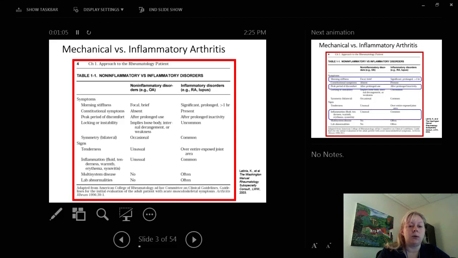So your morning stiffness. Someone with rheumatoid arthritis is not just going to get up in the morning and move around a little bit and then have it go away, because when you have an inflammatory disorder, that's going to last through the day, and inflammation doesn't just go away an hour after you get up. So these are the people that are having significant pain throughout the day.